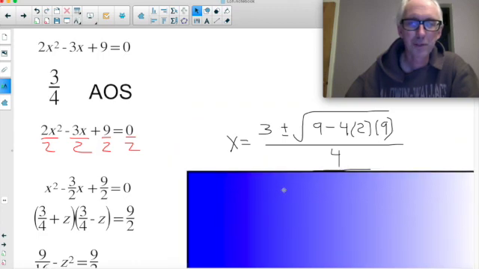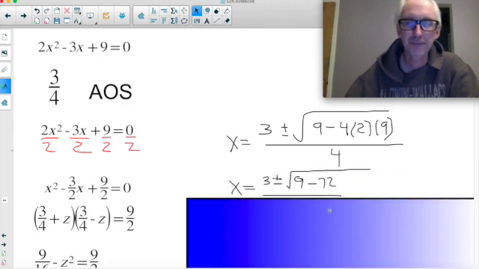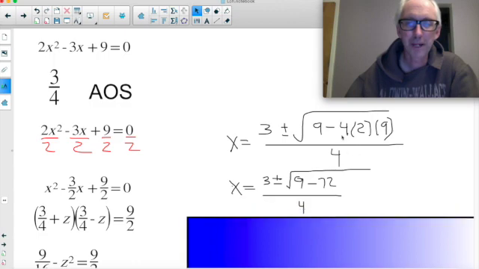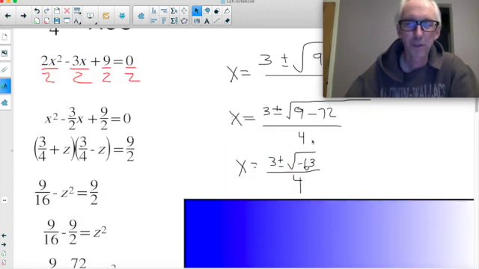All right, so taking our original equation, opposite of b, which is 3, plus or minus b squared, so negative 3 squared is 9, minus 4 times a, which is 2, times c is 9. All right, we want to multiply out the minus 4ac part. So there's only one negative, so that's still minus. 4 times 2 is 8, times 9 is 72. So we have 9 minus 72 inside the square root, which is negative 63.